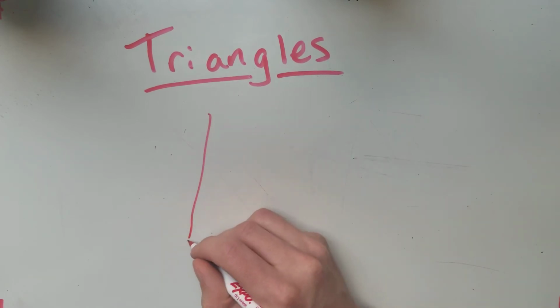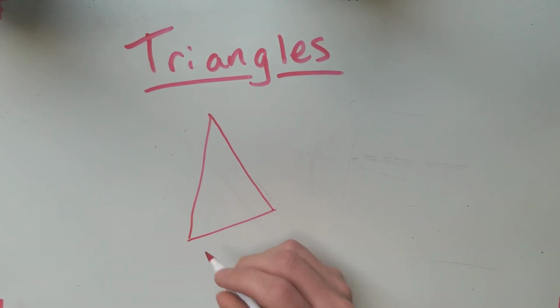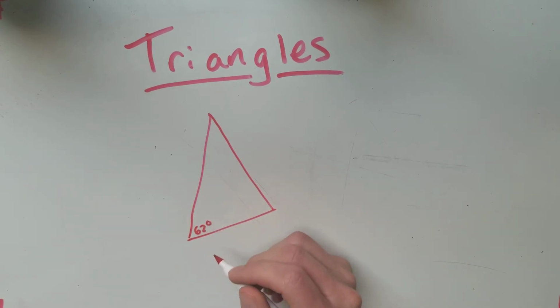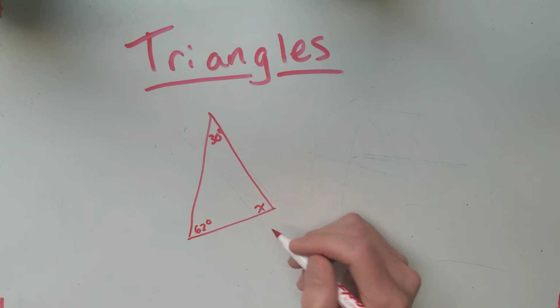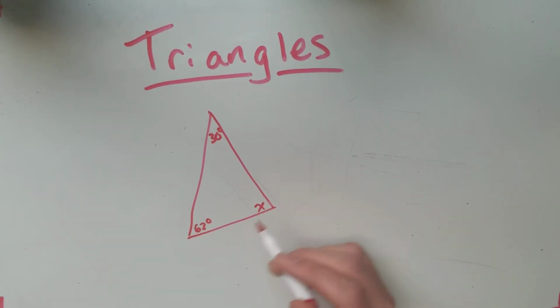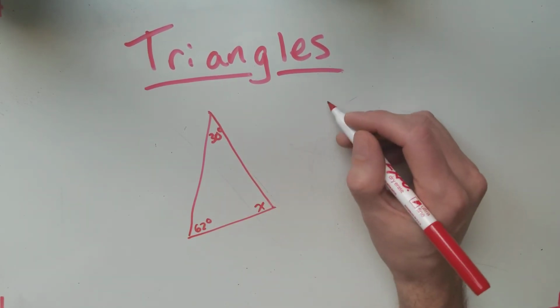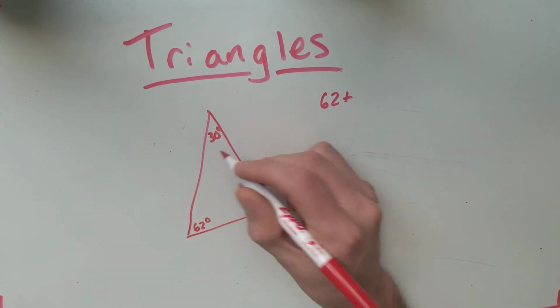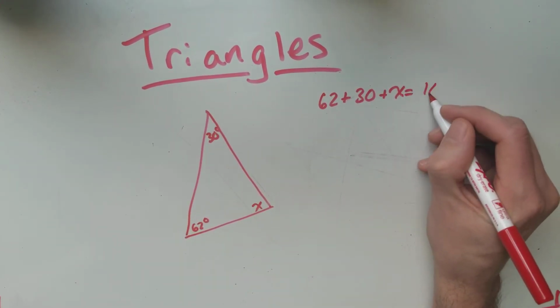So our next one, our triangle looks like this. We're given 62 degrees down here, 30 degrees up here, and x down here. We want to find the missing variable and the angle measurement down here. So we should just say 62 plus 30 plus whatever x is has to equal 180.